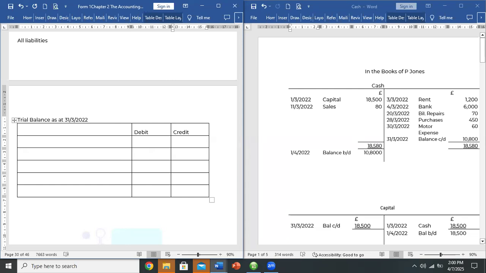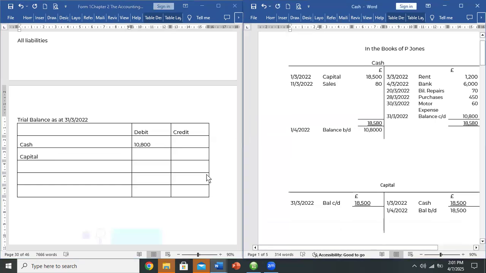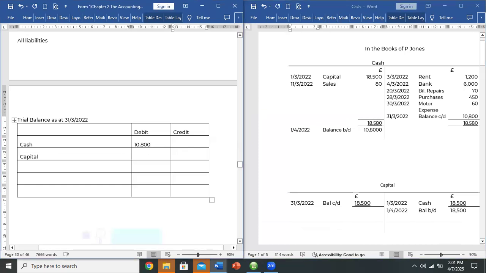So you write cash under the name of account. Then you check this cash account has a debit balance. Why? Because the BD or the balance brought down is at the debit side. So you are going to put the figure here under the debit column. Then you go to the next account, which is capital. You put in capital, and when you check the capital account, the balance brought down is at the credit side. So in your trial balance, it will go under the credit column.